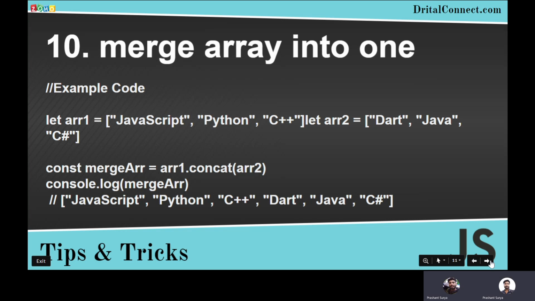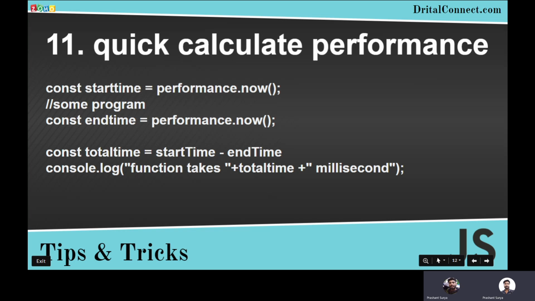Okay. Now the next one is quickly calculate performance. So you want to check how much time your method is taking in execution. You can easily create a performance log. Here you can see const startTime equals performance.now. Performance.now is used to capture the current time in milliseconds. Then you write your own program inside, and then you have endTime equals performance.now.